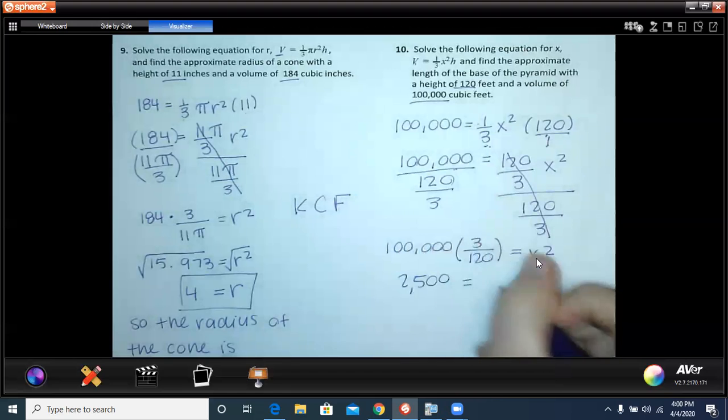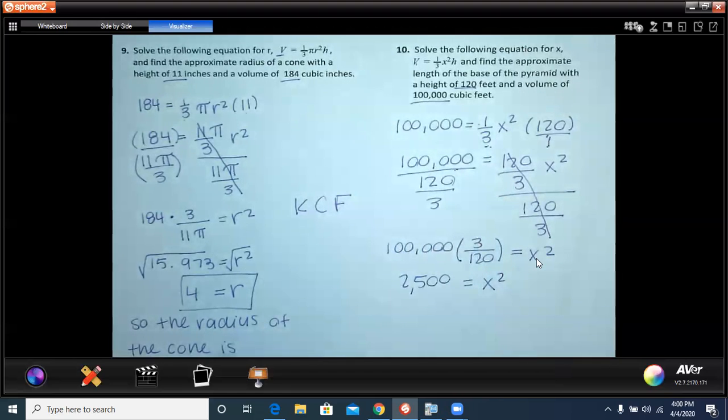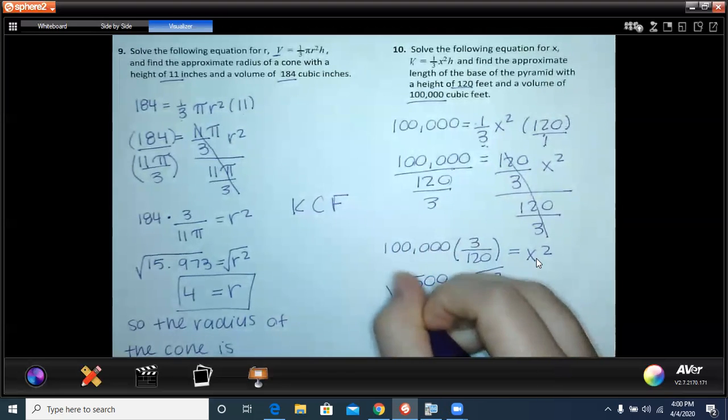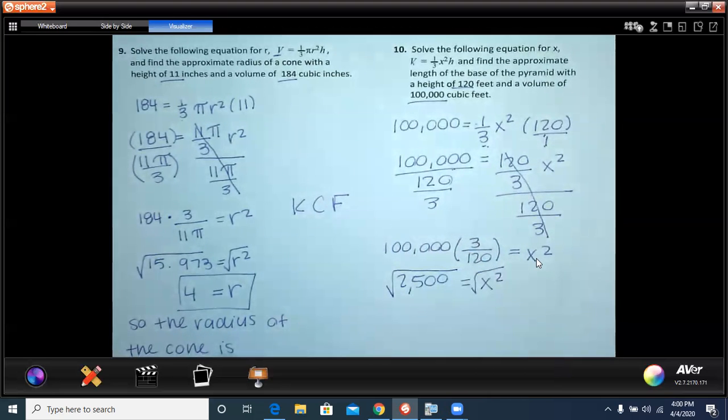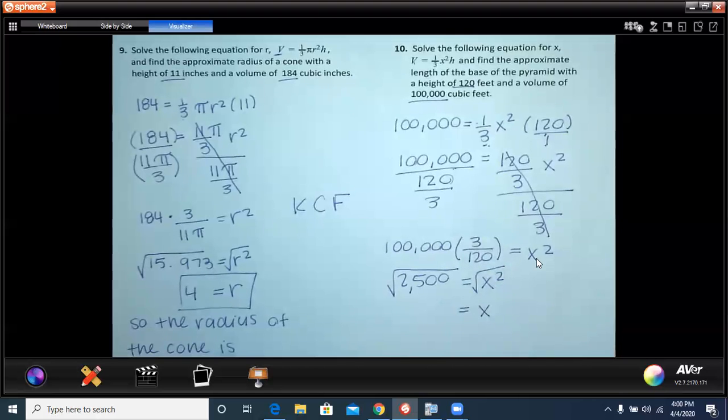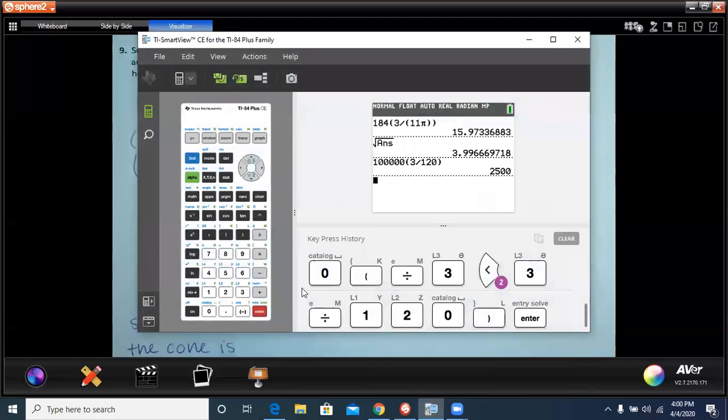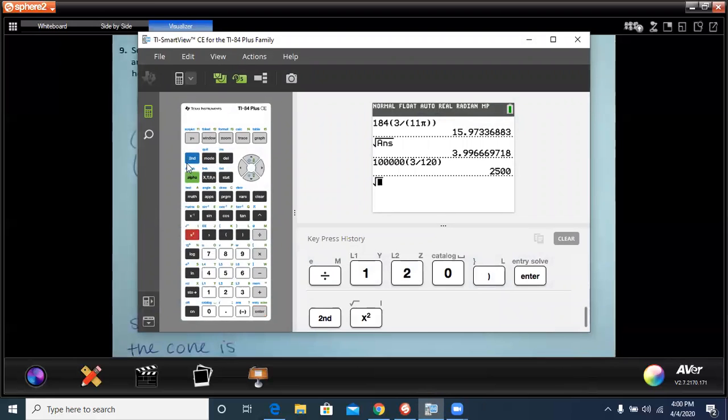So this became 2,500 equals x squared. And our last step to get x by itself would be to take the square root. So I'm going to have x equals the square root of 2,500, which is 50.